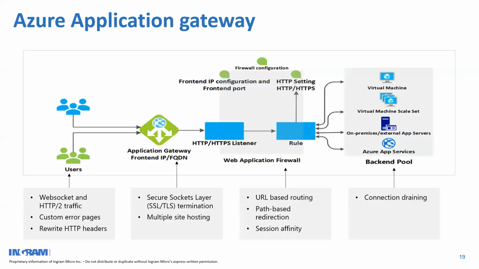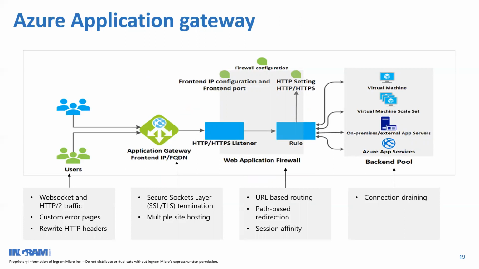The next one is Application Gateway. Now, Azure has various options to control web traffic. One of the options is Azure Application Gateway. This Azure Application Gateway acts as an intelligent load balancer, right?